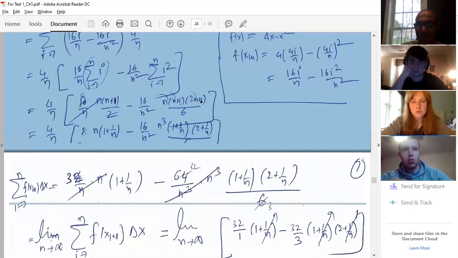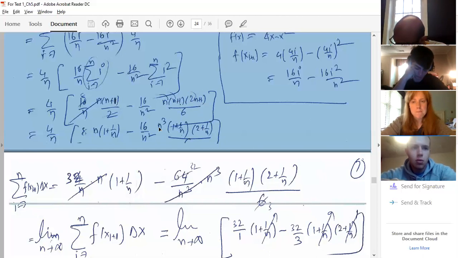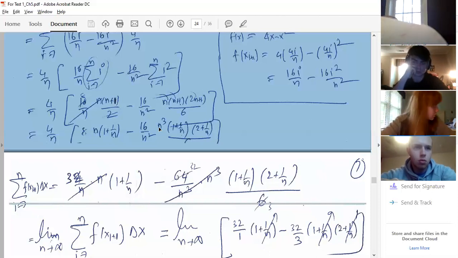So 2 plus 1 over n. So 1 n is from here, 1 n from here, 1 n already outside, so it is n cube. So total n cube. So I'm going to get minus 8 over n square n cube, 1 plus 1 over n, 2 plus 1 over n. Can you see this last expression here?